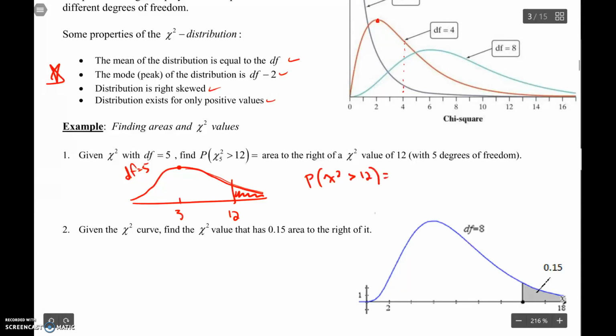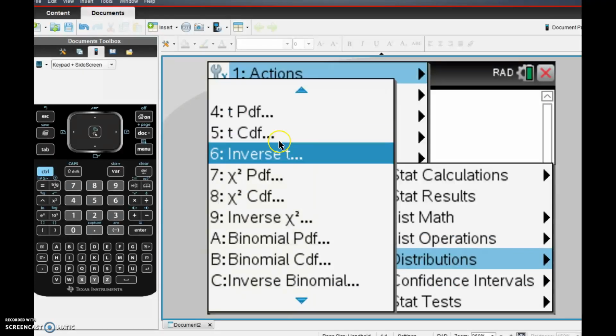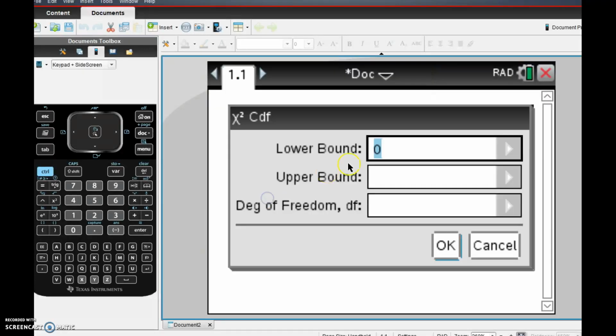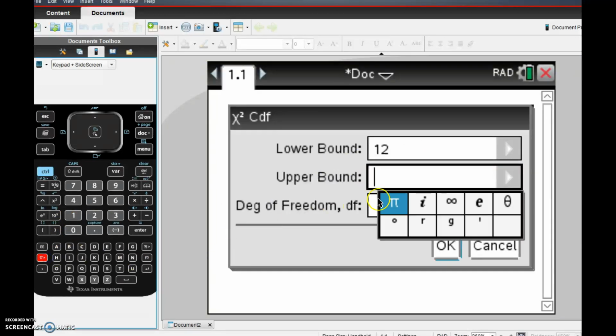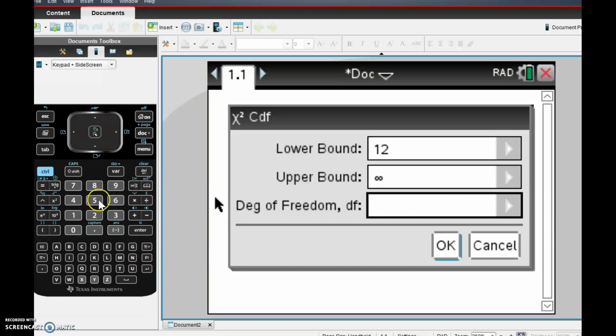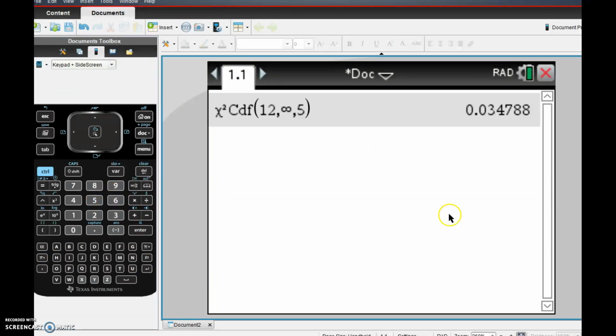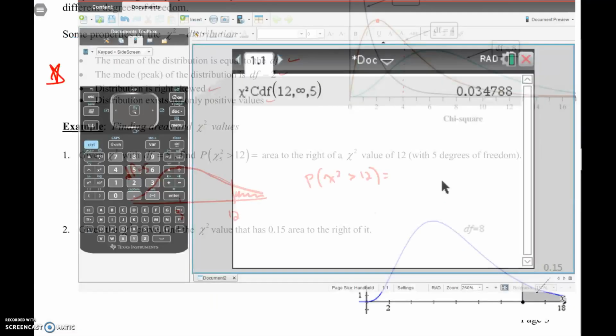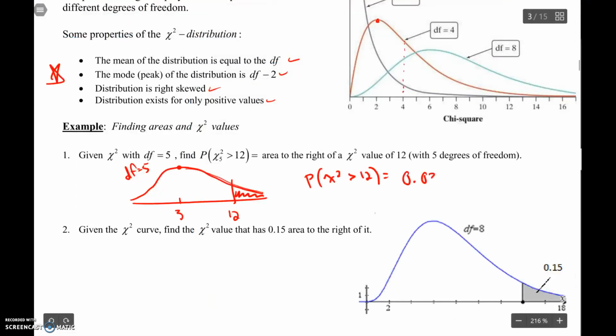That's going to be from 12 to infinity. That's going to be the chi-squared CDF, lower bound 12, upper bound infinity, degrees of freedom 5. That's 0.0348.